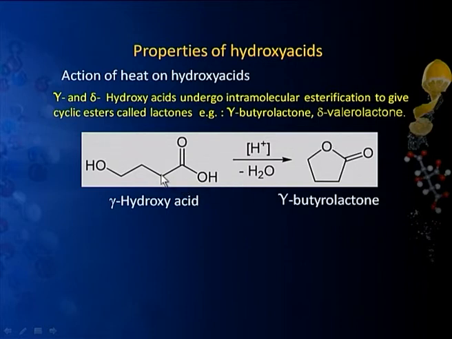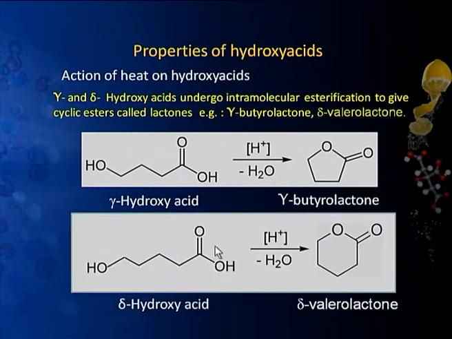Like when the hydroxyl group is at gamma position, alpha, beta, gamma, this OH and the OH of the acid eliminate a water molecule and they give this 5-membered cyclic ester called gamma butyrolactone. Similarly, this delta hydroxy acid, on heating again loses a water molecule and we get delta valerolactone.